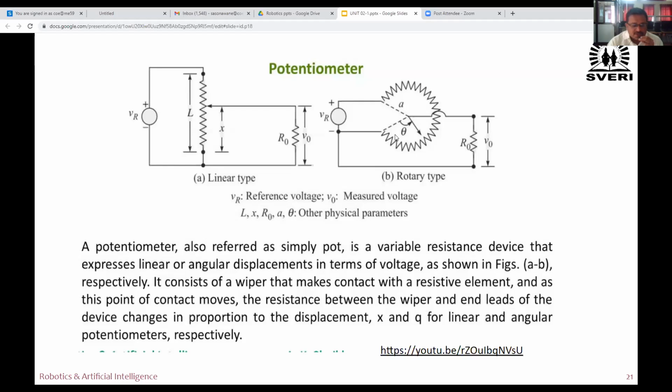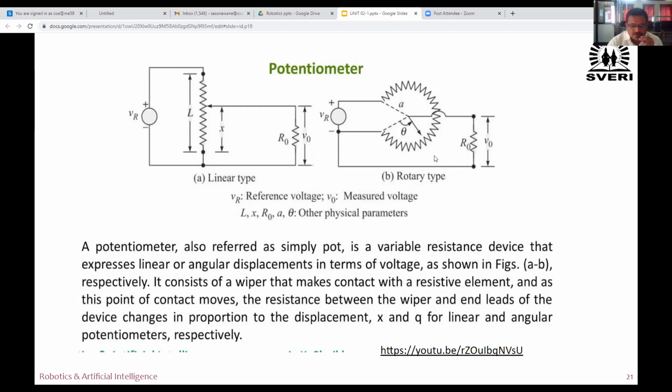the resistance changes. Therefore, when this resistance changes, there will be different output voltage you will get here. This output voltage V naught depends upon the position of the wiper or this distance x or this angle theta in case of rotary potentiometer.